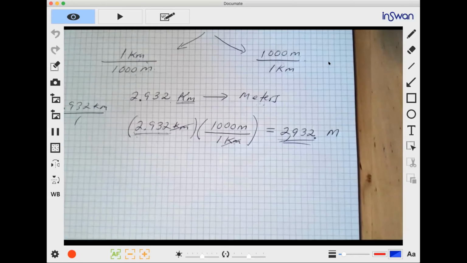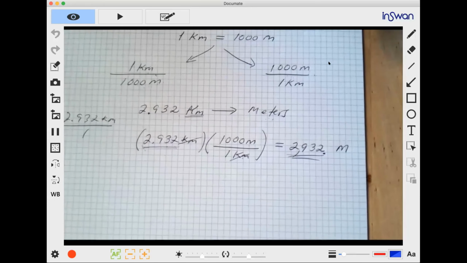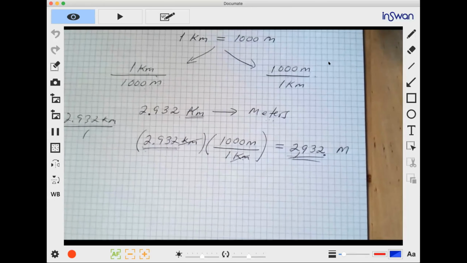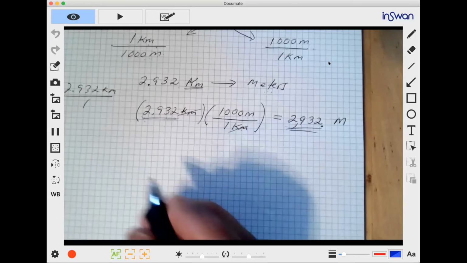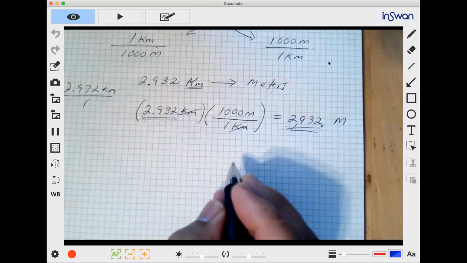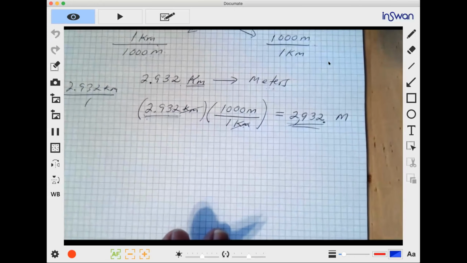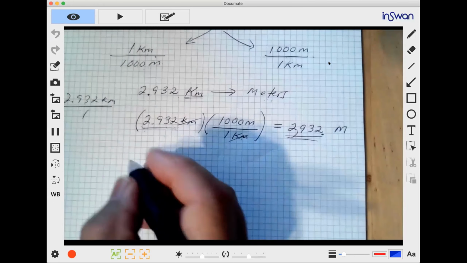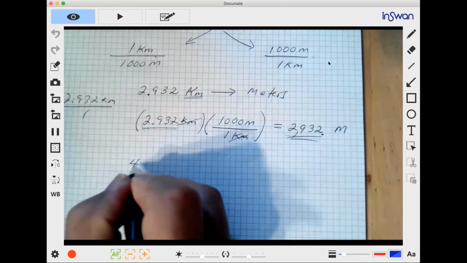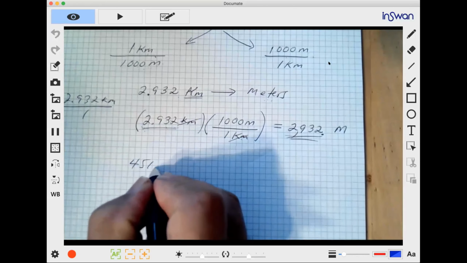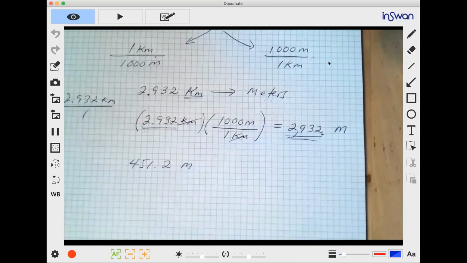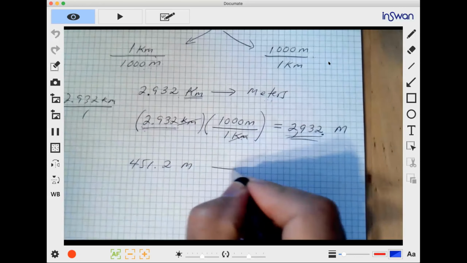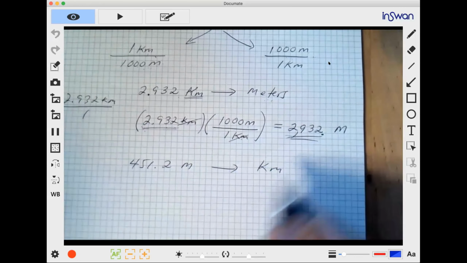Now, what if we wanted to convert the opposite, meters to kilometers? So let's do that. I was going to use the same number, but I better not. We have simply 451.2 meters, and we want to convert that to kilometers.